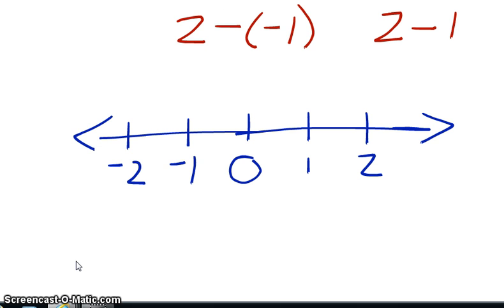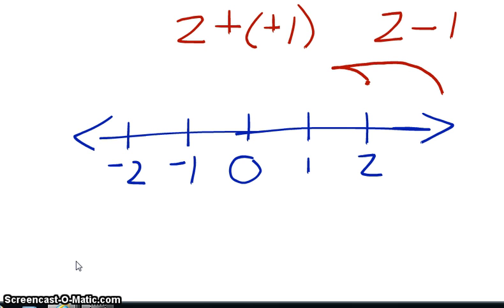So something changes. What happens is if we are subtracting a negative, our direction will actually reverse. In other words, we will start at 2, and instead of going back 1, we will reverse and go forward 1. So 2 minus negative 1 is actually positive 3.